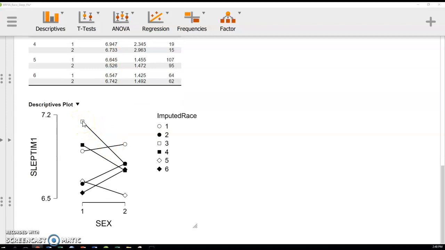So Asian males are getting quite a bit more sleep than black males are. But if we're talking about females, Asian and black females, at least in this sample, were getting pretty much exactly the same amount of sleep. And we could say the same for this, which would be the American Indians and Alaskan Natives, and this here would be the other category.